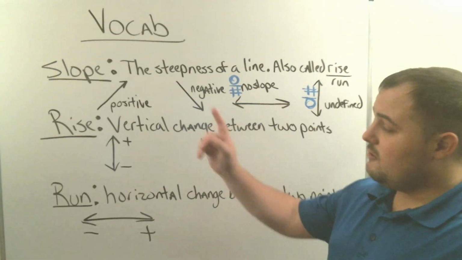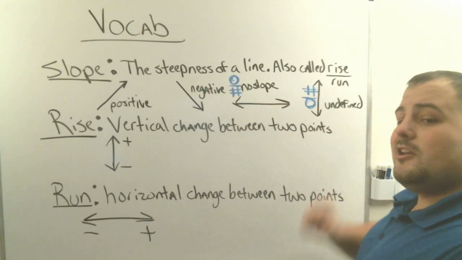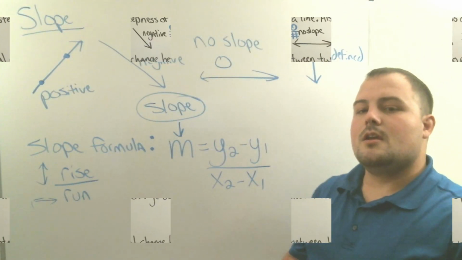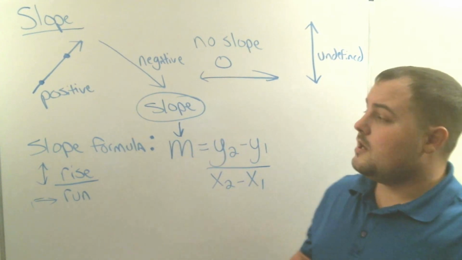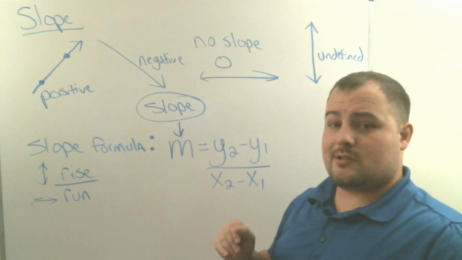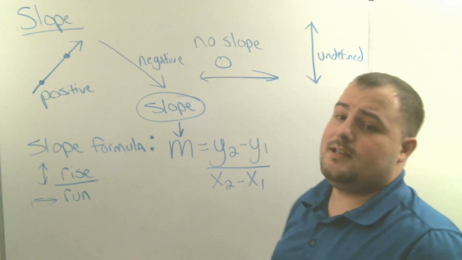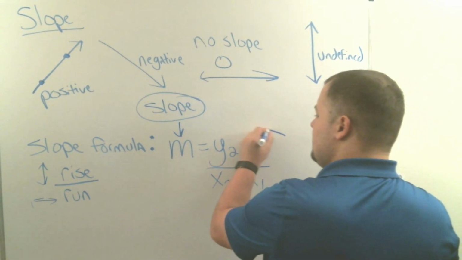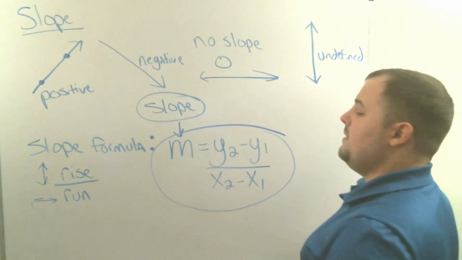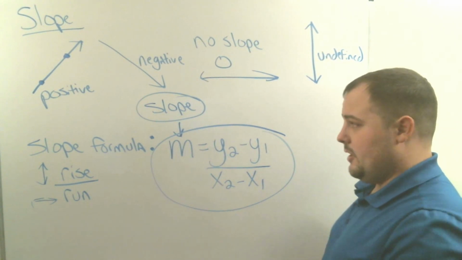So, pay attention. Remember that we're going to have positive slopes, negative slopes, no slopes, and undefined slopes in this lesson. Before we actually begin this lesson, we need to understand what slope is. So we have positive slopes which go up, negative slopes which go down, no slope, and undefined slope. Now, before we begin, there is one really important formula that we need to understand in mathematics, and that's this formula right here.